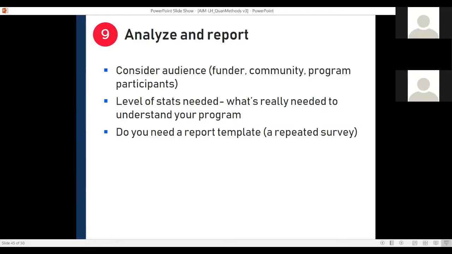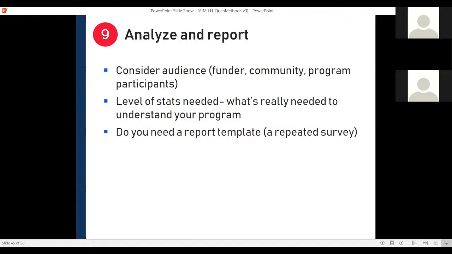And then when you are going on to your analysis phase, you want to think about your audience. Obviously, you would report something different to your funder than you would to the general public. And you also may think about just the level of stats that you would need, and that may go back to your audience. And perhaps you have a couple different audience groups, so you might have to do a little something different for each one.